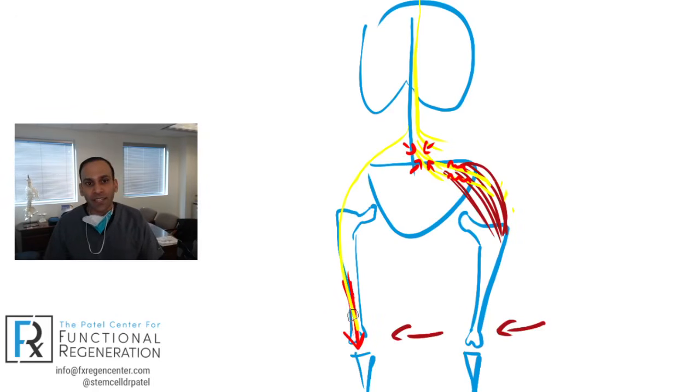Either directly, if the nerve is referring pain to the knee, or indirectly, if weakness, because the nerve is not firing properly, is causing us to put abnormal pressure into the knee. Those are the different ways that the low back can actually influence our knee pain.